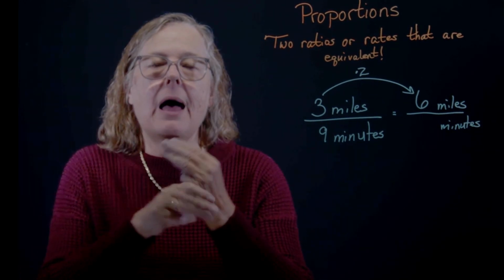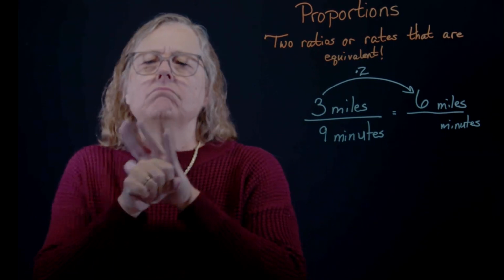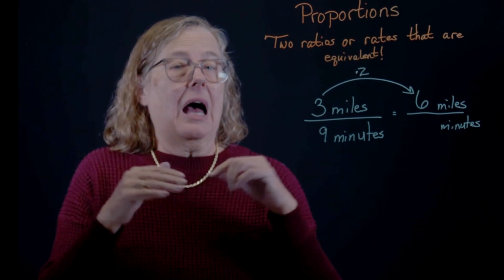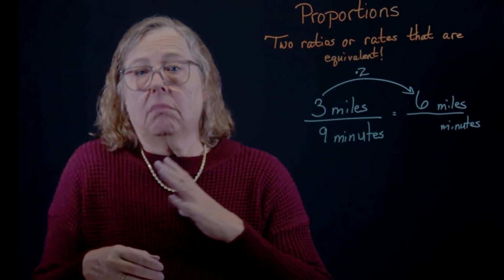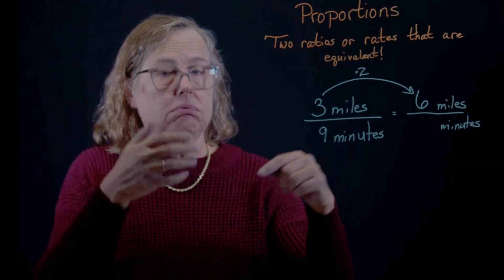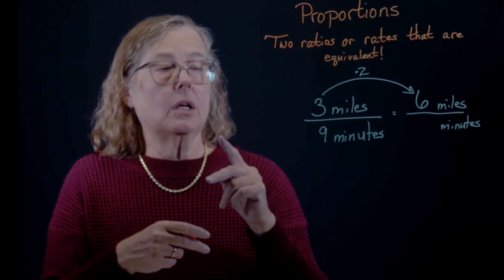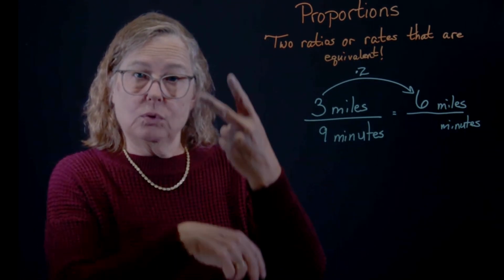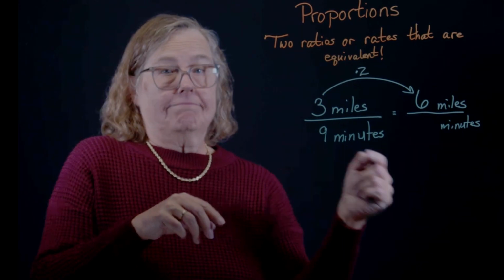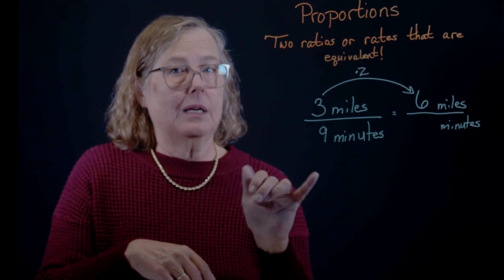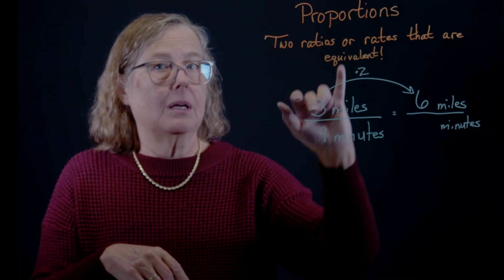What do I need to do now? Remember, math is the only thing in your life that is completely fair. I can do whatever I want, but I have to do the same thing on the bottom. I have to do it every place. So if I multiply the top by 2, that's fine, but I have to do the same thing on the bottom. I'm going to multiply it by 2 also.